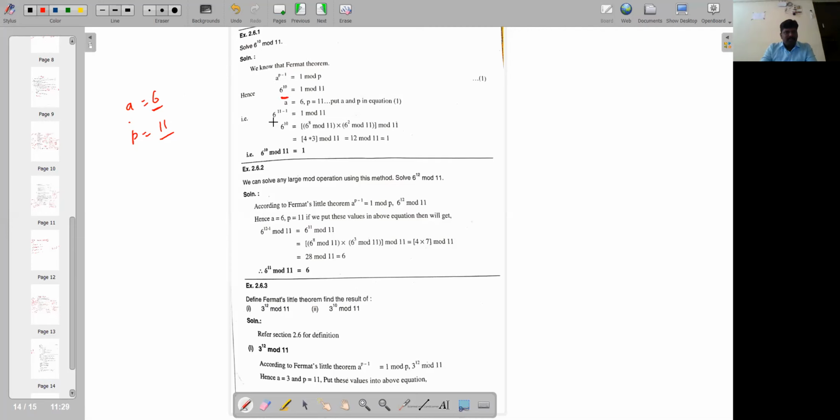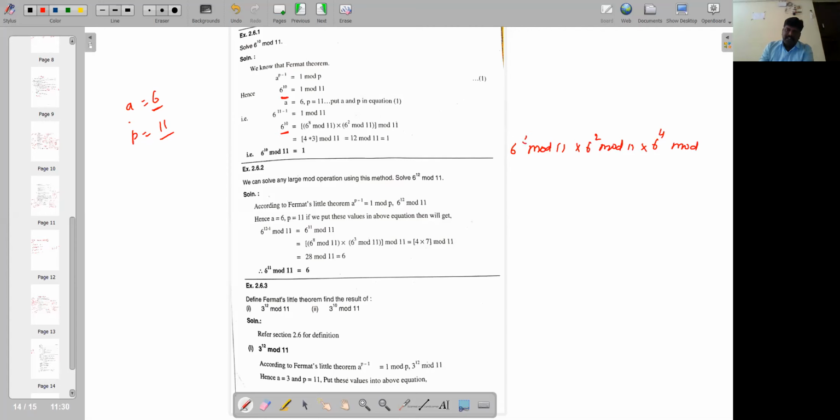Again, if you want to prove it mathematically, you can split the power. When we are doing the modulus operation for a bigger number, try to select in such a way that you start from 6 power 1 mod 11, 6 power 2 mod 11, and 6 power 4 mod 11.